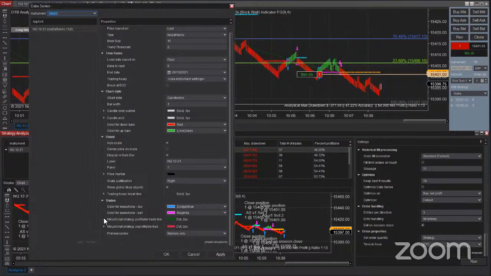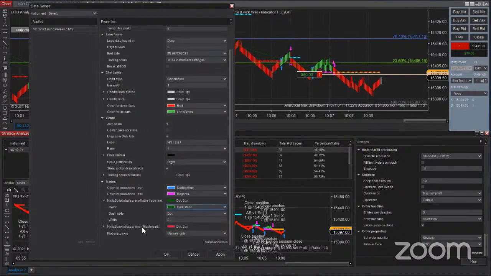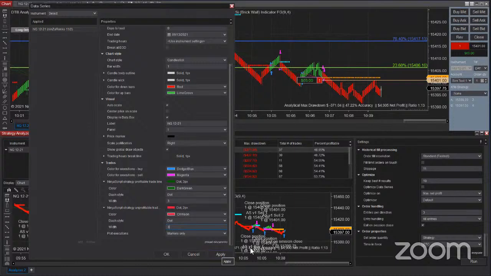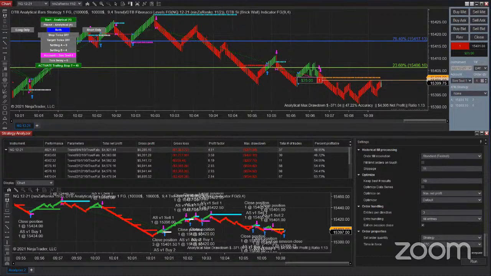So these little lines and plots over here for the trades, I can leave the colors that they are, but just make it like a 3. Okay, so that just shows the lines a bit better.